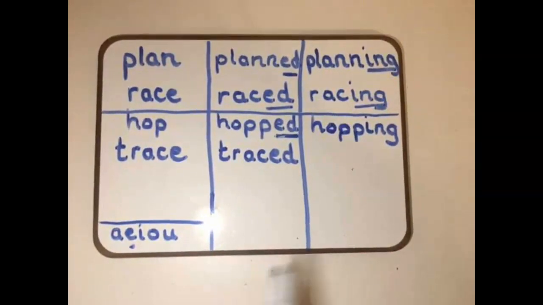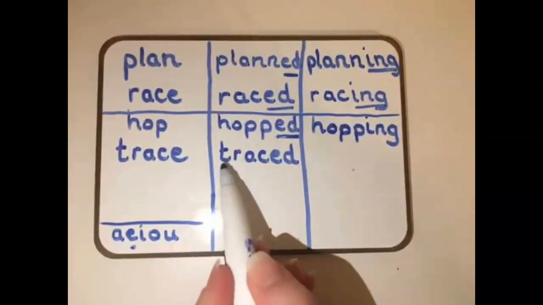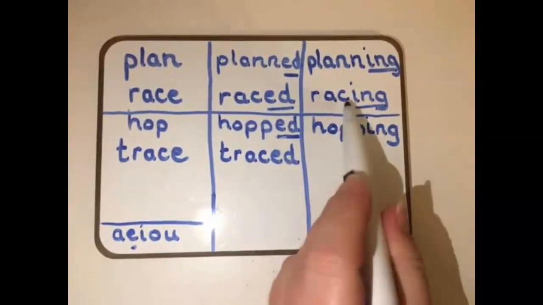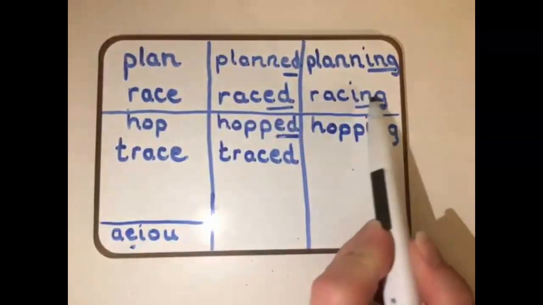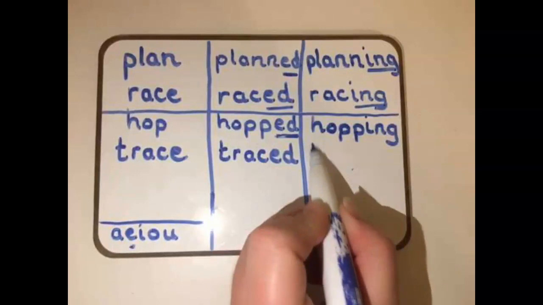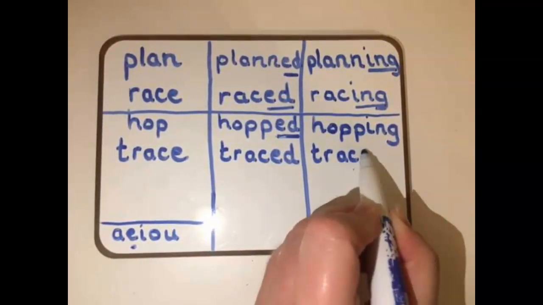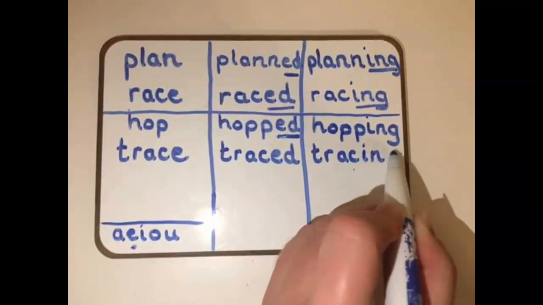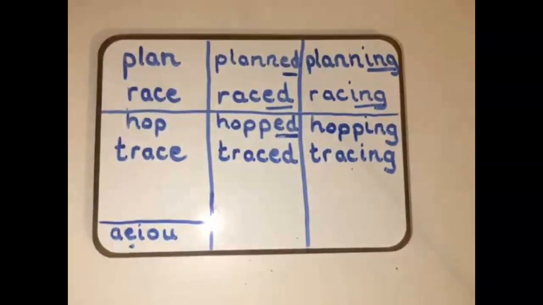Okay, and now if we do tracing, we can know that the T-R-A-C will stay. The E gets dropped, and the I-N-G goes on the end. So T-R-A-C, I-N-G. Okay? So take a few minutes to catch up. If you need to pause, go ahead and pause.